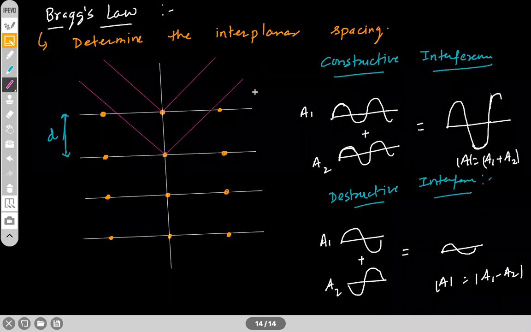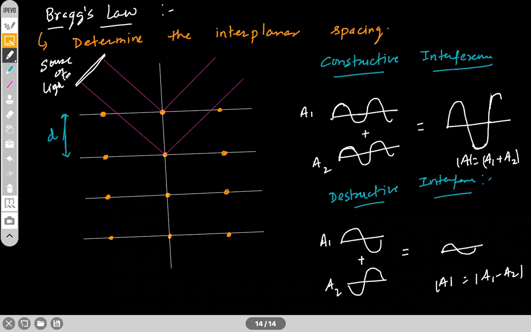This side we have the source of light, and this side we have a detector, which detects the coming light. With the detector we do further study of what we detect, and then we can find out this d, which is the interplanar spacing.